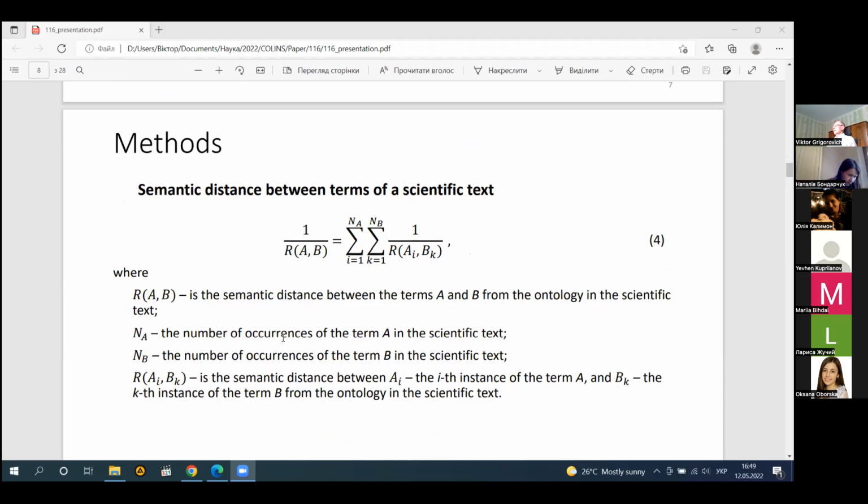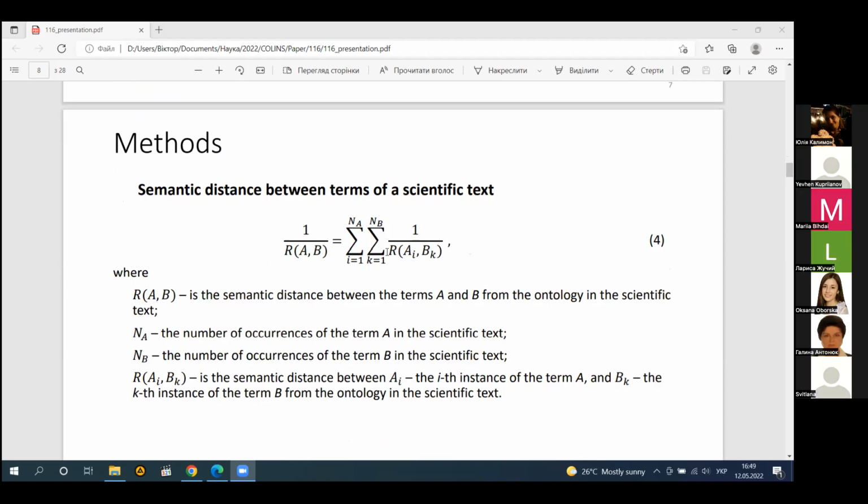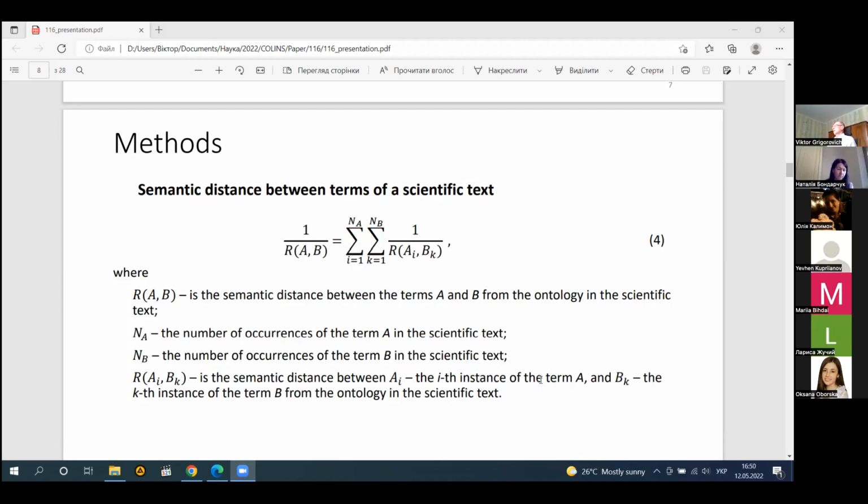And A is the number of occurrences of term A in the scientific text, and B is the number of occurrences of term B in the scientific text. And r_ik is the semantic distance between the i-th instance of term A and the k-th instance of term B from the ontology in the scientific text.